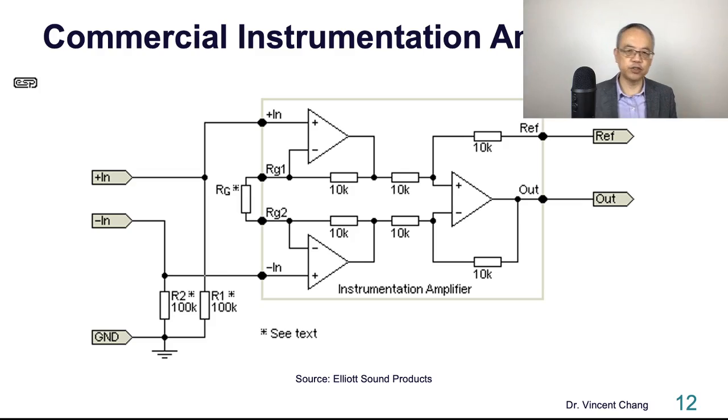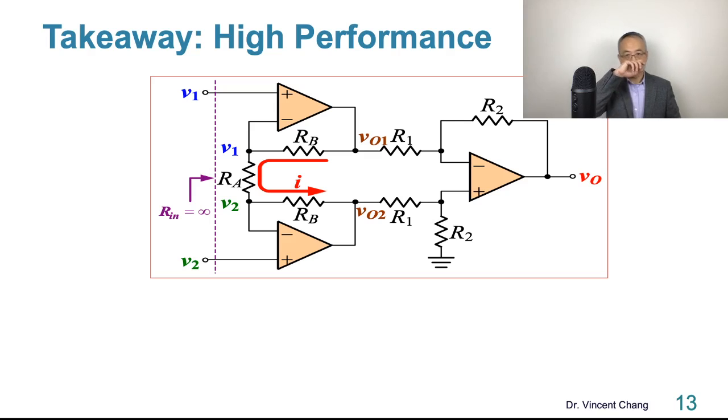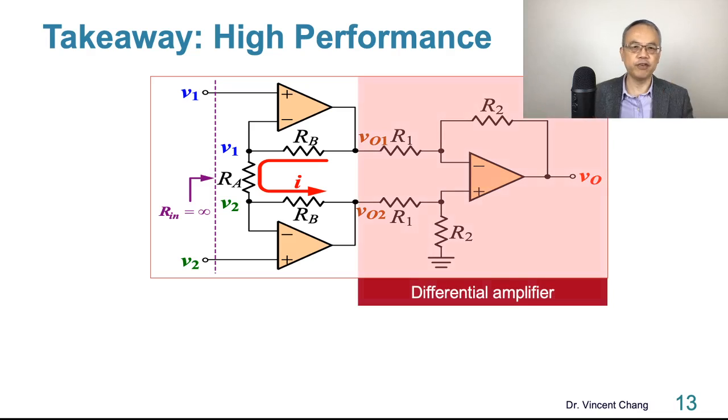In a commercial instrumentation amplifier, using the off-chip resistor RG, you can tune the differential gain. Here's the takeaway. The high-performance differential amplifier is called the instrumentation amplifier.